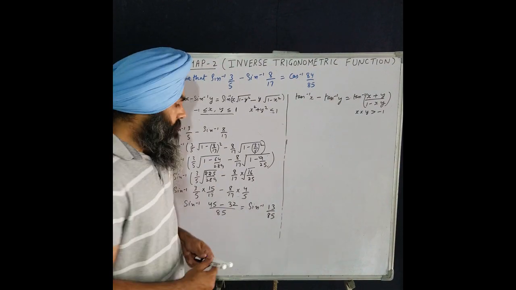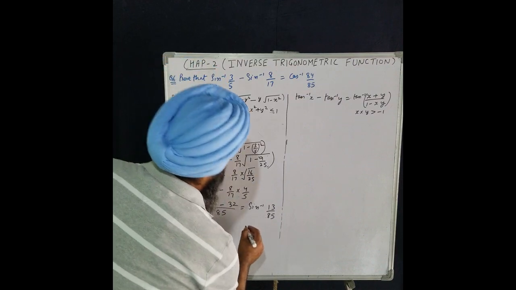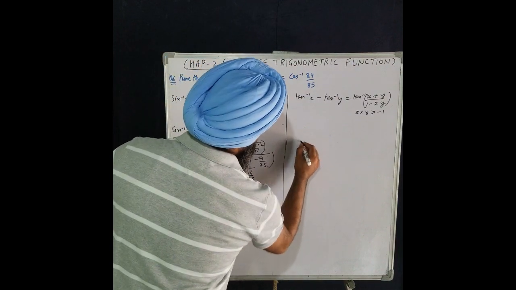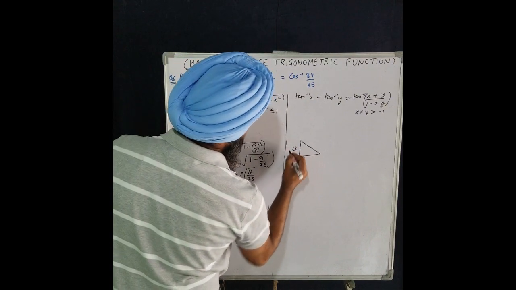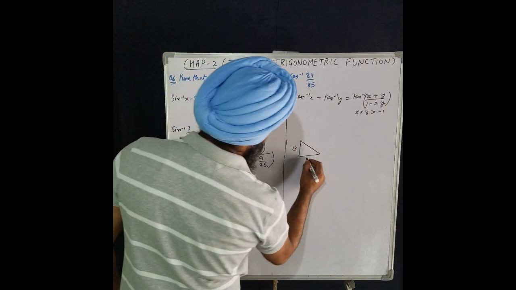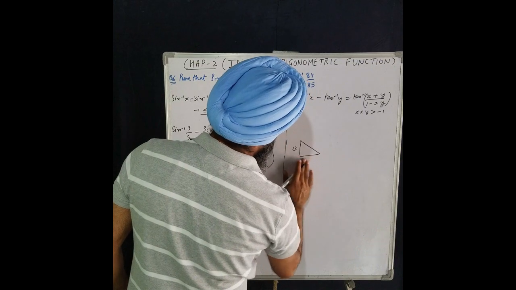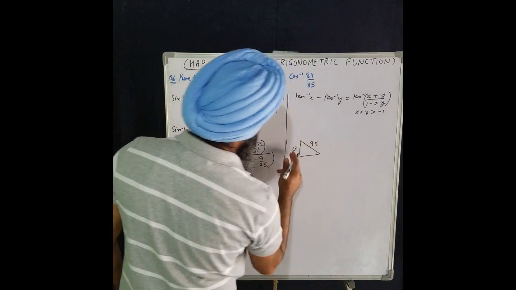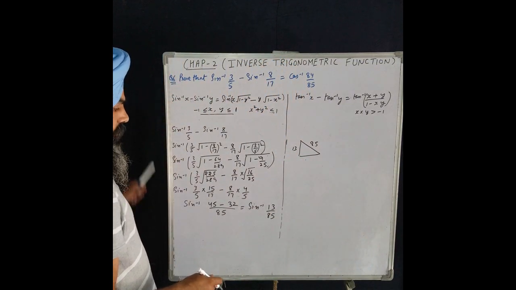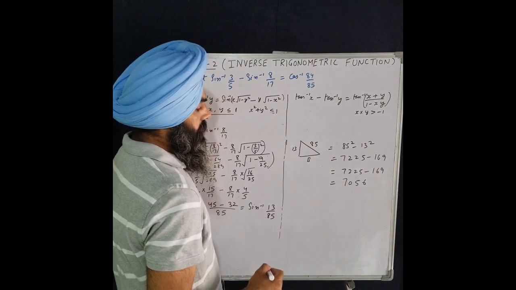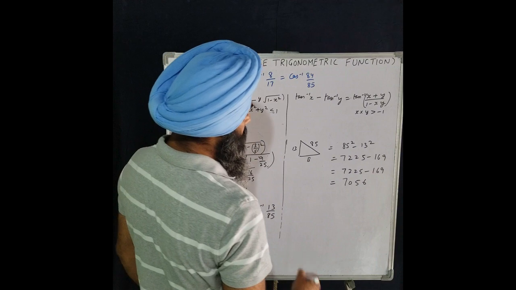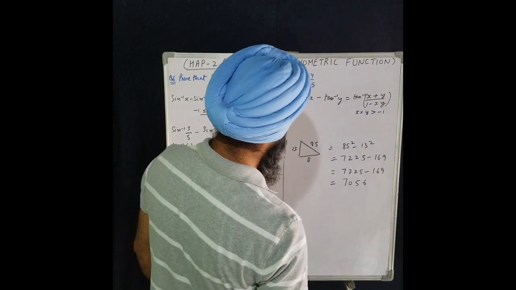Make a triangle, okay, where perpendicular is 13 and hypotenuse is 85, and try to calculate the base beta. 7056. Try to find the square root of it beta. Find the square root of 7056.